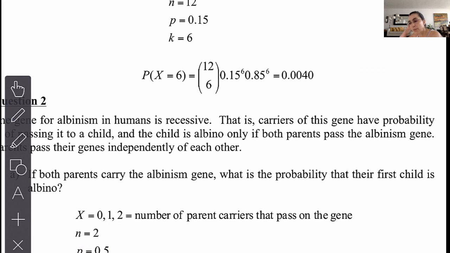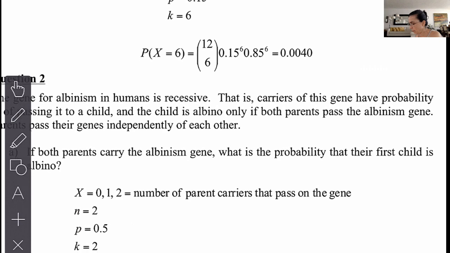And then what's the probability of passing the gene? The probability that a parent passes the gene is known to be 50%. Okay, so we're going to check if they pass the gene.